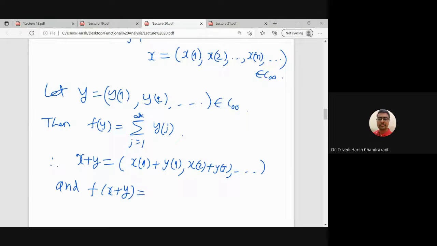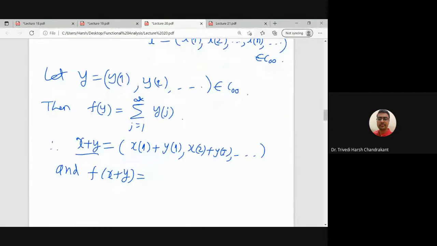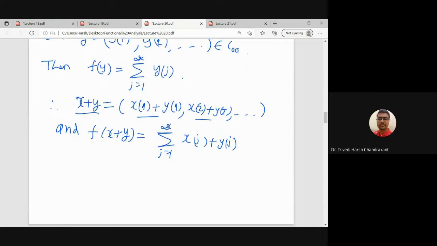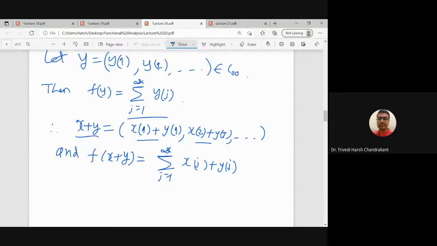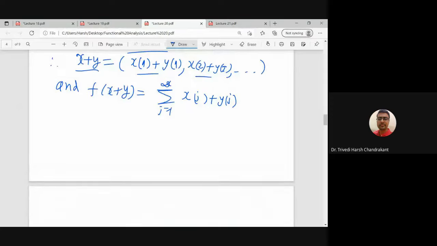f of x plus y is the sum of the coordinates of x plus y. So the coordinates of x plus y are these coordinates, that is basically summation of xj plus yj. And then since both of these series are convergent, we can separate this series.